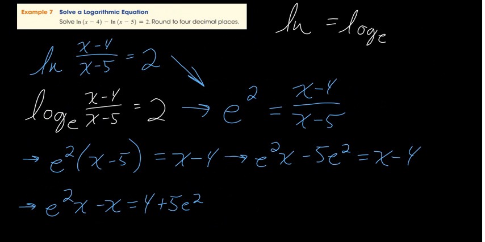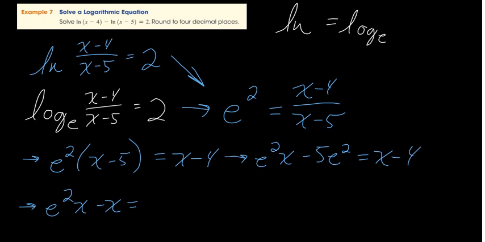So this turns into x is factored out, and I've got e squared minus 1, and this is going to be equal to 4 plus 5e squared. Yeah, it should be negative 4. Let's go ahead and fix that up. Where am I at?